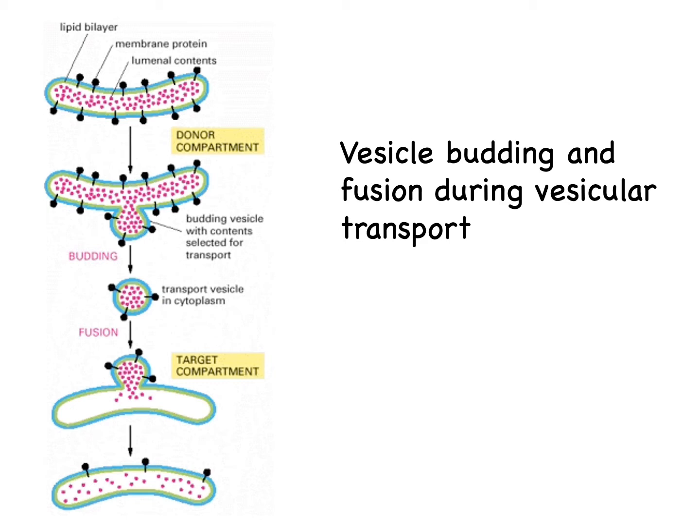So if we have a vesicle shown at the top here with little purple proteins in it, that can bud off a smaller vesicle containing those proteins, which then can go and fuse to another membrane, releasing those proteins into another subcellular organelle.